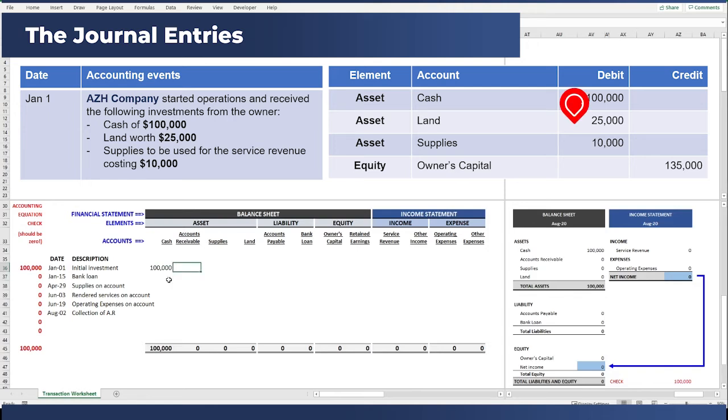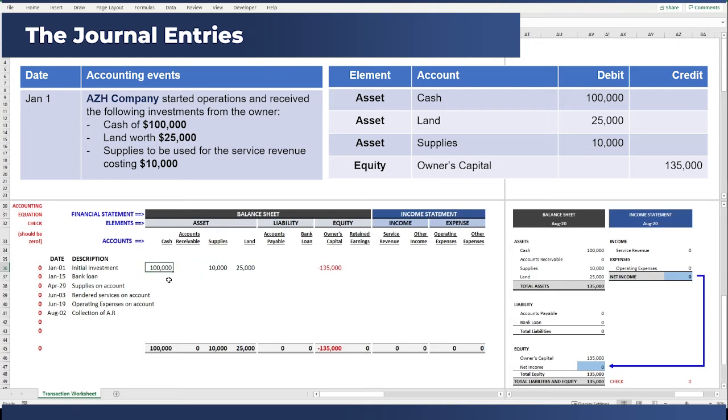We have received land of 25,000, which is a debit of 25,000 for land, and supplies for 10,000. You will see from the check that we have a difference of 135,000 because we forgot to credit the owner's capital of 135,000.